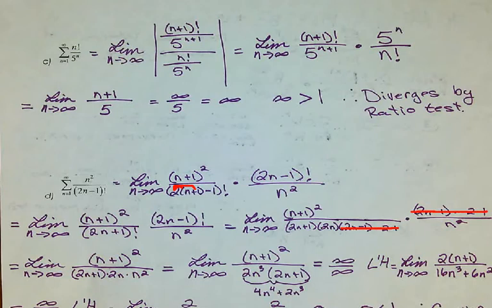If you tried plugging in infinity, you'd end up having to L'Hopital this several times. So in this case, it's actually easier just to use your HA rules from the beginning. So once you get to there, you get that this is going to end up being 0. So you could say this equals 0 by HA rules, or you could keep L'Hopitaling. But again, once that equals 0, we know that 0 is less than 1, so this thing's going to converge by ratio test. Okay? So hopefully that gives you an idea of the ratio test.